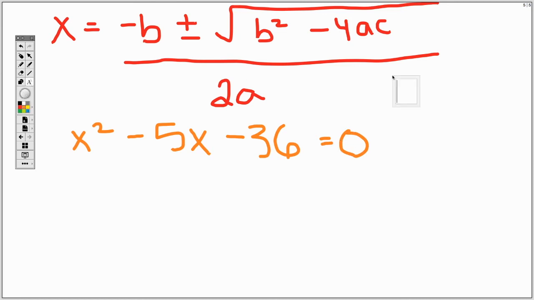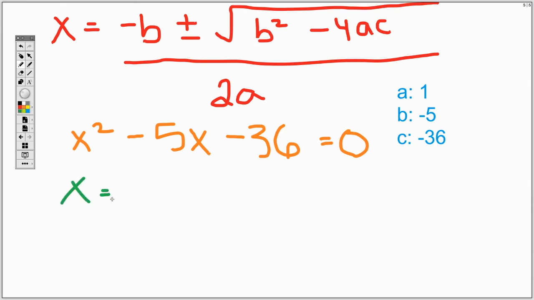So we don't have to change anything as it is 0. But let's identify our A, B, and C. Our A is 1, our B is -5, and our C is -36. So now that we have identified our A, B, and C, let's plug it in using the formula.